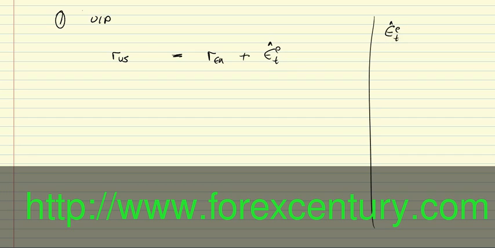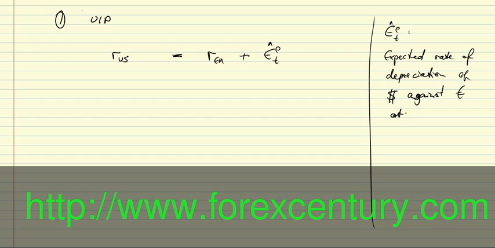E hat ET is the expected rate of depreciation of the dollar against the euro at time t and until time t plus 1.